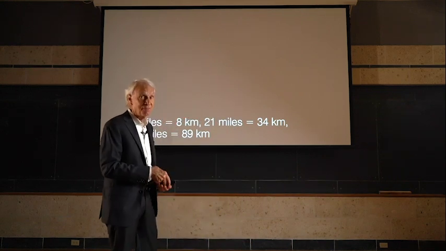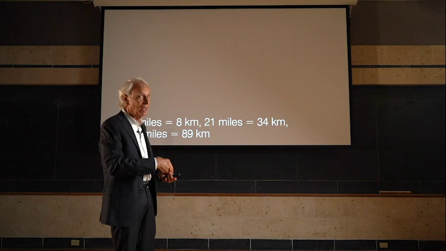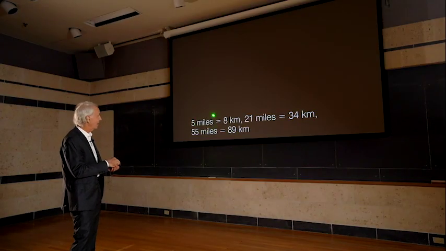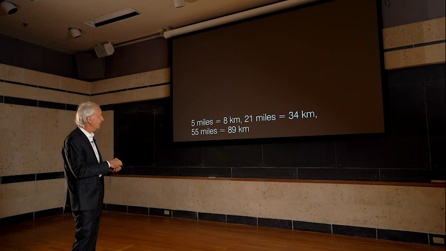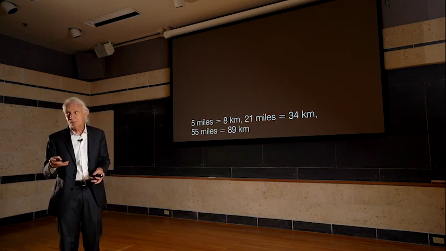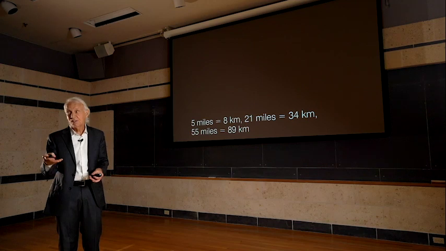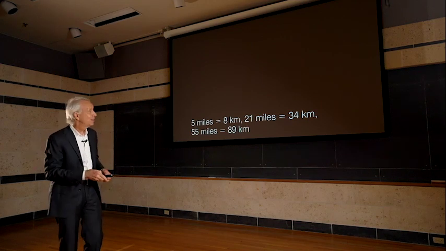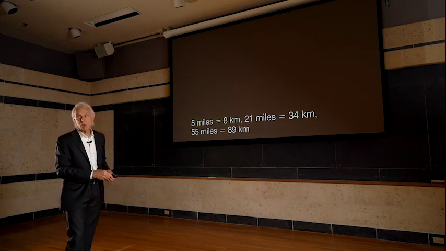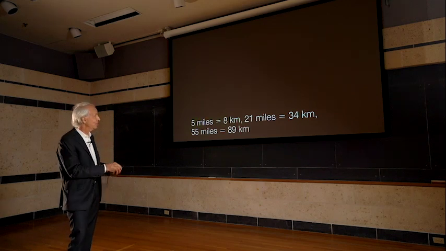So if you take that Fibonacci series and you take any two sequential numbers, the lower one will be miles and the larger one will be kilometers. So the Fibonacci series, remember, it's 1, 3, 5, 8, 13, 21, 34, 55. 5 miles equals 8 kilometers, two sequential numbers in the Fibonacci series.